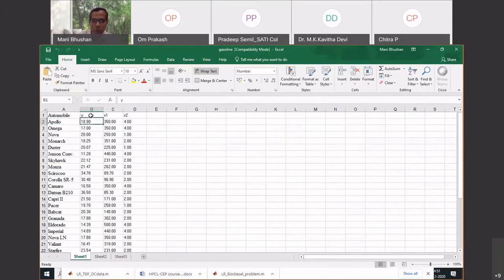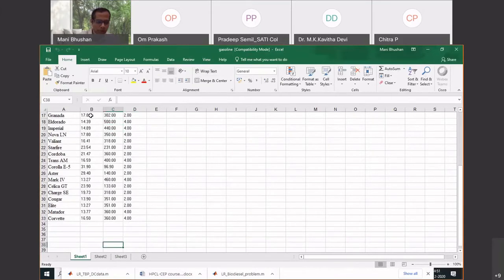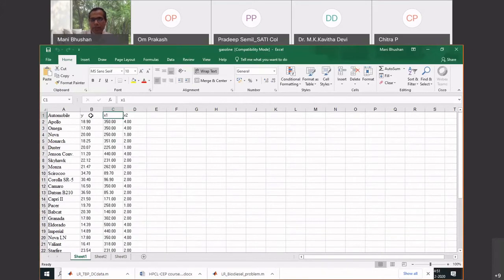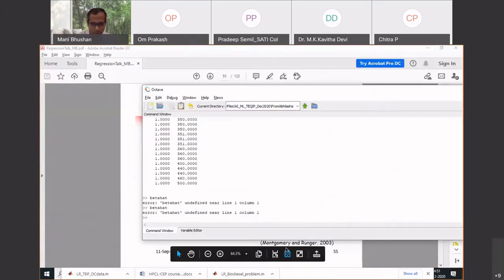These are the Y values, the mileage in miles per gallon for various types of cars, and this is the corresponding engine displacement, column X1, in cubic inches. Ignore the column X2 for now. We have data for about 32 cars, and we want to see whether Y is a function of X using regression. I'll show you my code.